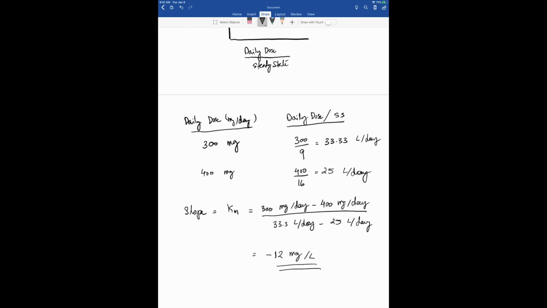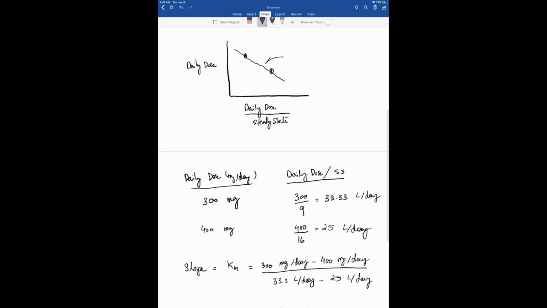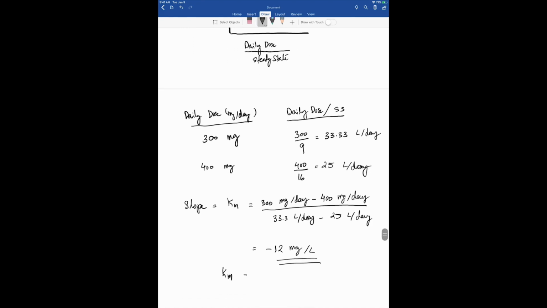Okay, since you report a positive value, this is a negative slope, because as you can see, the line would be something like this. If I were to go back and draw it in this graph, you'll have a negative slope. So that's why you have a negative Km, and the actual numeric value for Km is 12 milligrams per liter.